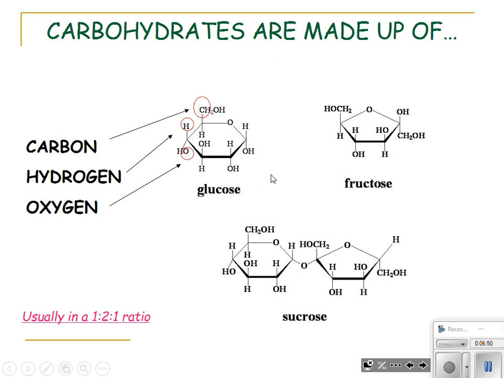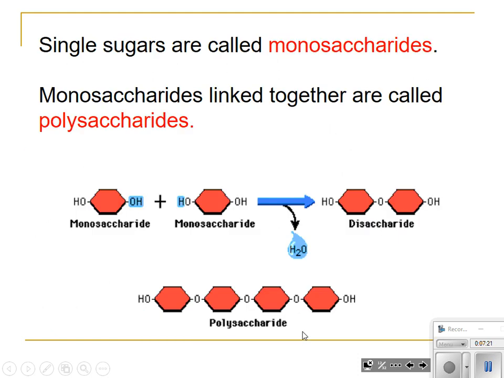So in a dehydration synthesis, we take out a water molecule and we combine the glucose and the fructose to form sucrose. So that's an example of that dehydration we talked about yesterday. Two monomers combining. In this case, we call these disaccharides.